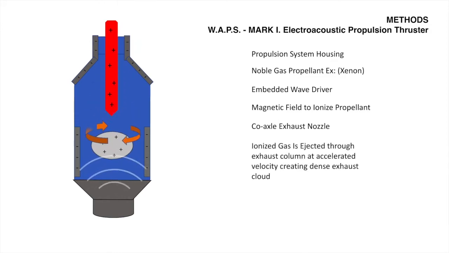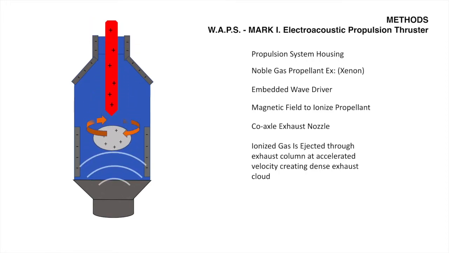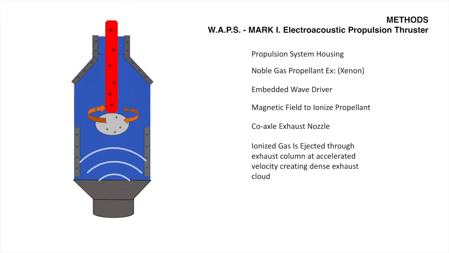The ionized gas is going to be ejected through the exhaust column at accelerated velocity, creating a dense exhaust cloud.